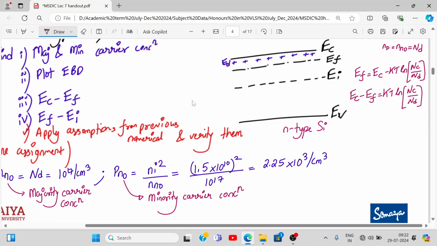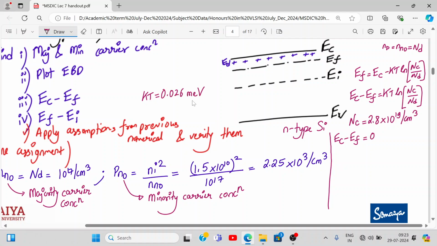And how much is Nc? From the constants, let me cross check it. 2.8 into 10 raised to 19 per centimeter cube. So let's find out EC minus EF, which will be kT. kT is how much? kT is 26 millivolt, that is 0.026 electron volt.